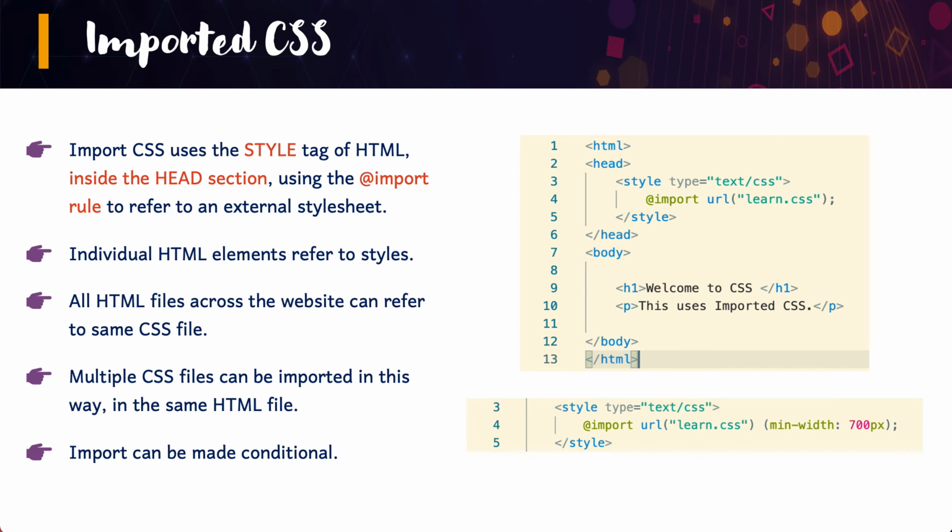Maybe there are older cell phones or even older screens which do not have this width, in which case this particular CSS will not be loaded and some other alternate form of CSS will be loaded. So this is one way we can make them conditional, and there can be more than one condition with an AND operator. So this is one major difference between an import and an external CSS mechanism.